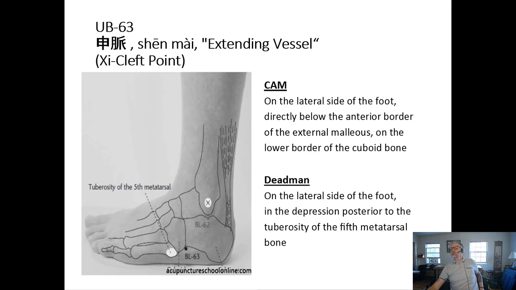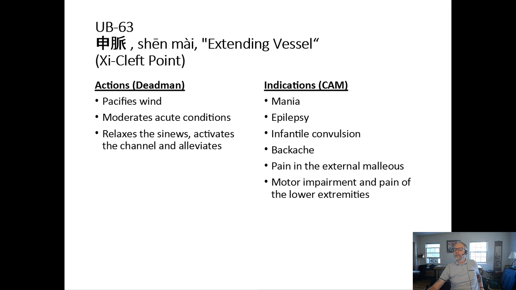UB63. On the lateral side of the foot, any depression posterior to the tuberosity of the 5th metatarsal bone. Pacifies wind, moderates acute conditions because that's the function of a xi cleft point. All xi cleft points moderate acute conditions.